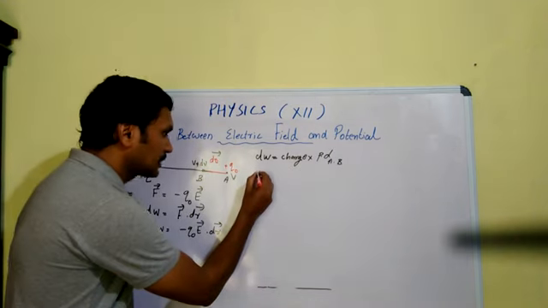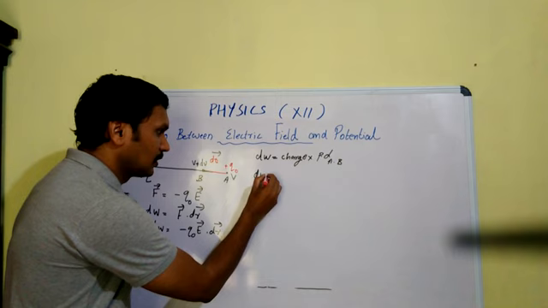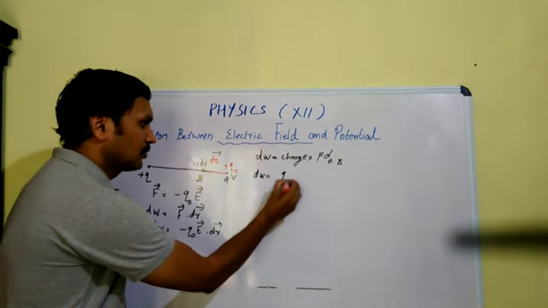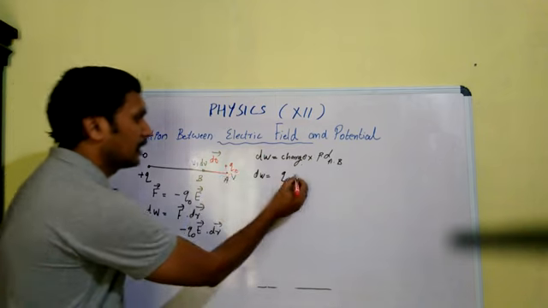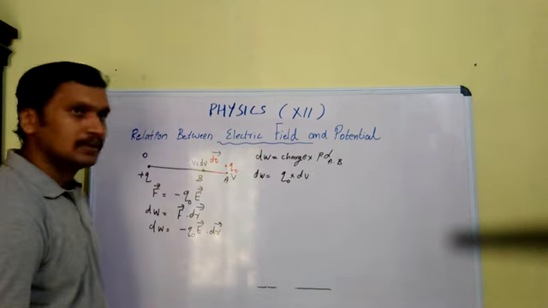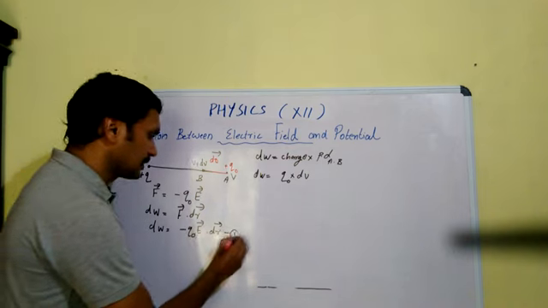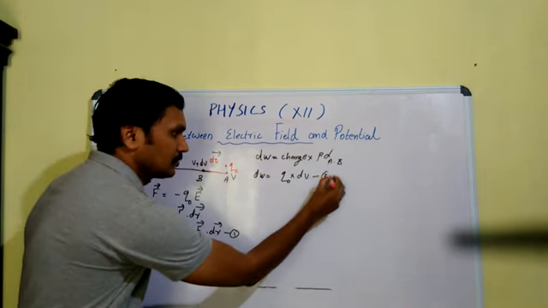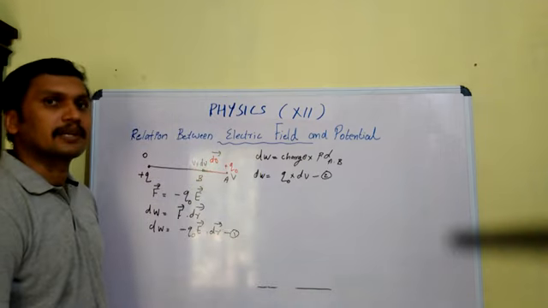So the small work is dW equal to Q0 dV. This is equation 1, work in terms of electric field, and this is equation 2, work in terms of potential.